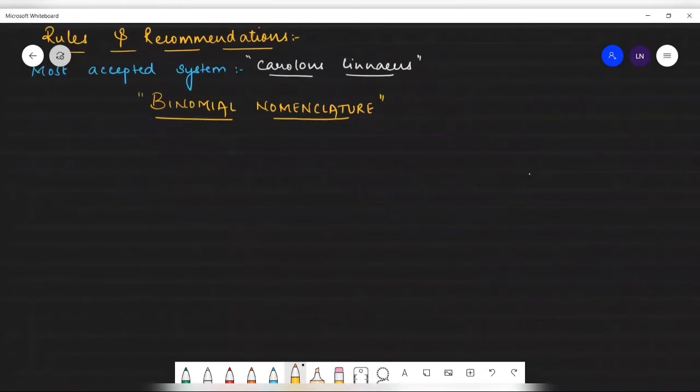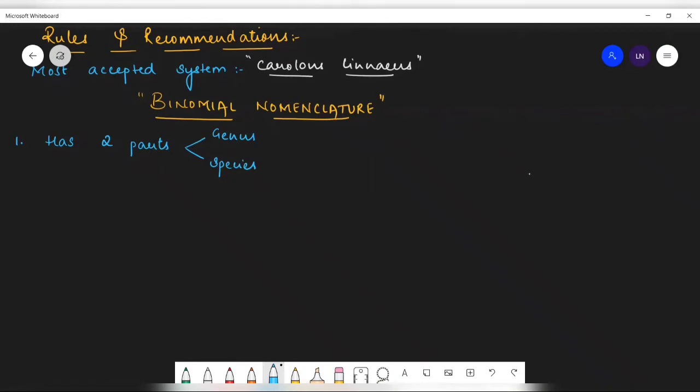Okay, now what are the rules of this binomial nomenclature? What should we know about binomial nomenclature? The first thing is that it has two parts. How many parts does it have? Two parts. What are those? It is genus and species.